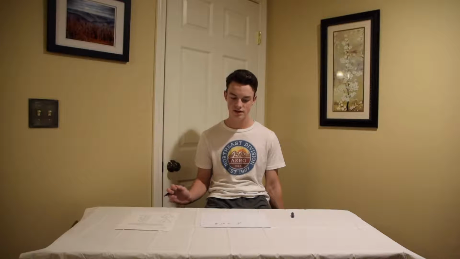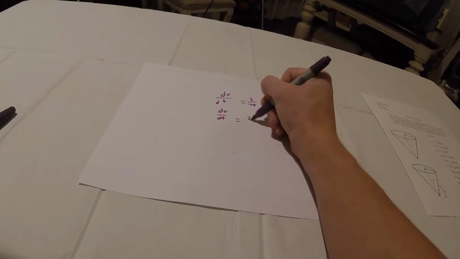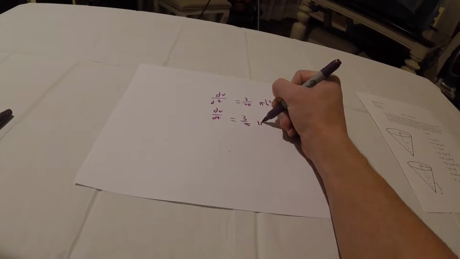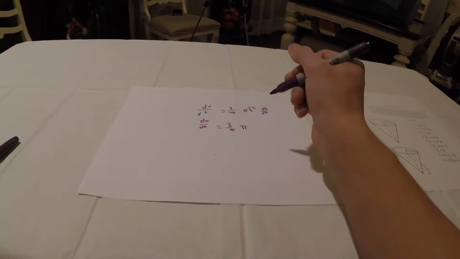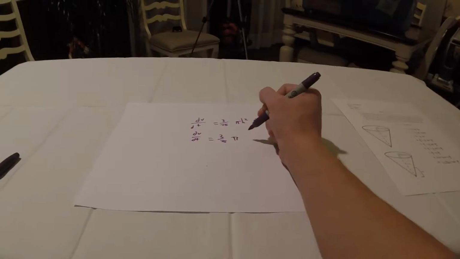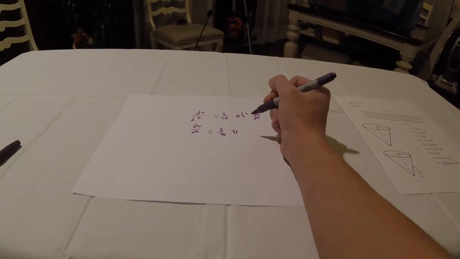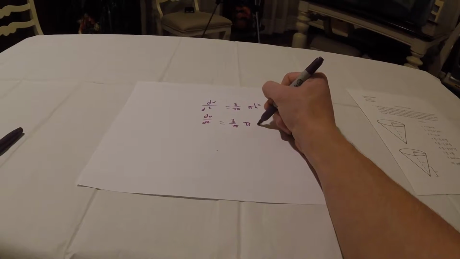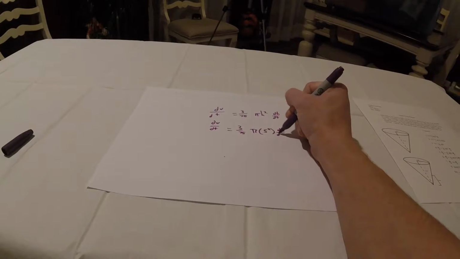Now we can plug in the height for h, so dV/dt equals 3/75 pi, and then the height is going to be 5, because it tells us in the problem, find the rate of the ice cream when the height is 5 centimeters inside the cone. So 5 squared dh/dt.